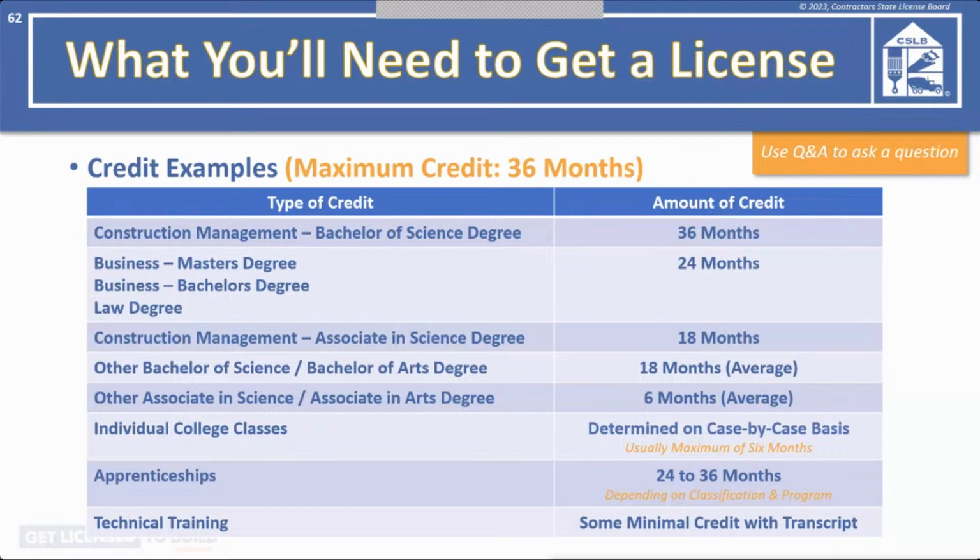The initial license fee is based on the entity that you're applying for. If it's a sole ownership, it's $200. If it's any other entity, it's $350. And you will be instructed in a letter, which is a bond and fee letter, that tells you, go ahead and get your ILF and submit your insurance that is required for a licensee.